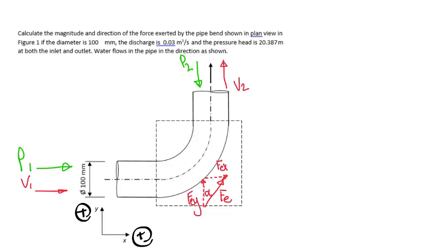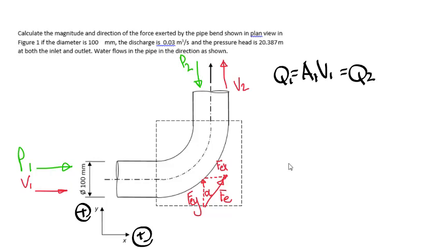Alright, so what's the first thing we can do? We can calculate the velocity V1. So let's calculate velocity 1. Okay, so first of all, we know the formula reads that Q is equal to A times V. In this case, it will be V1 and also A1 and Q1. But this is also equal to Q2, the discharge at point 2.